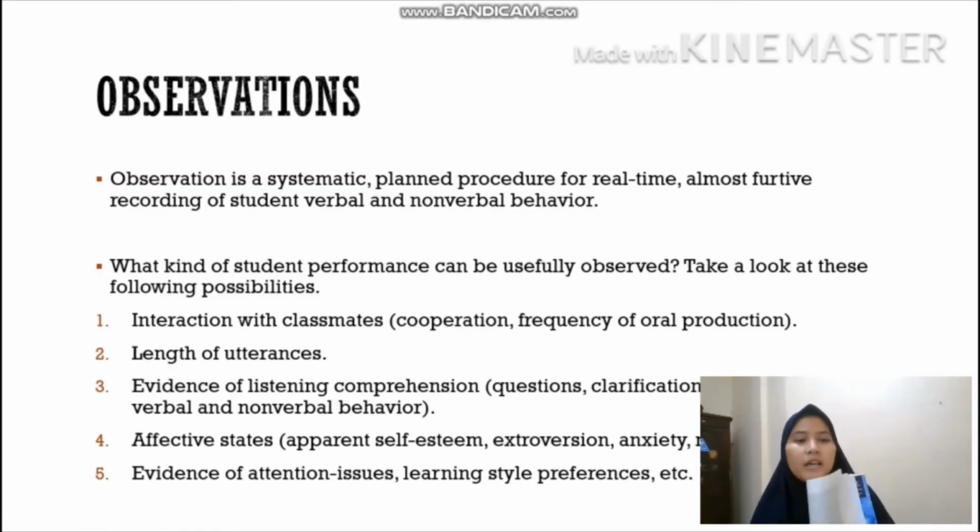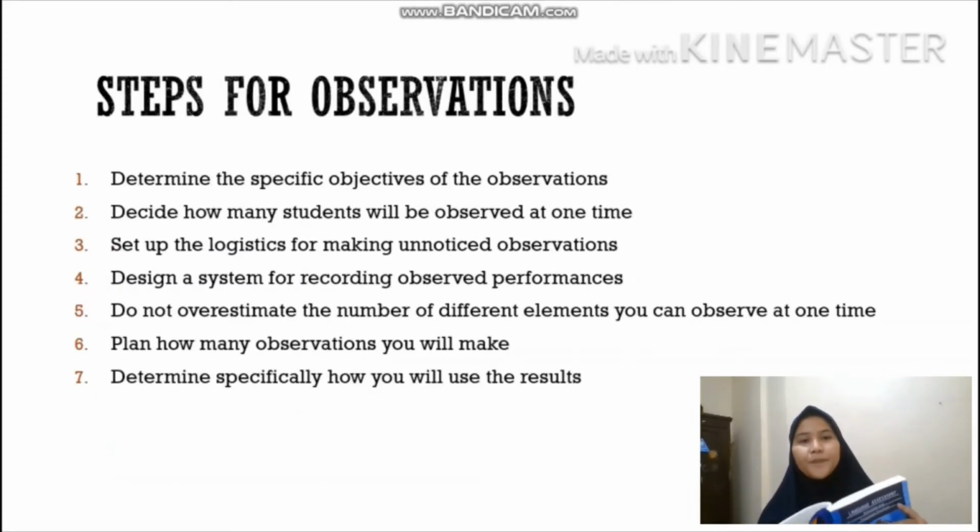Kayak interaksi siswa sama teman-teman sekelasnya, itu bisa teacher observe. Terus bukti dari listening comprehension-nya, length dari utterance-nya, atau affective states-nya, atau evidence of attention issues-nya, atau learning style preference-nya, dan sebagainya. Pokoknya yang di kolom 267 ini bisa di-observe sama teacher.